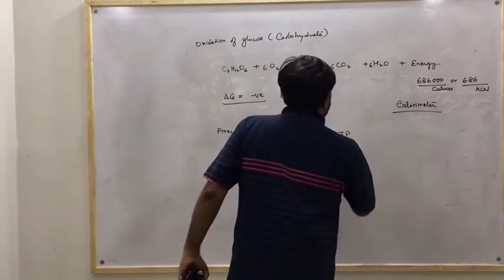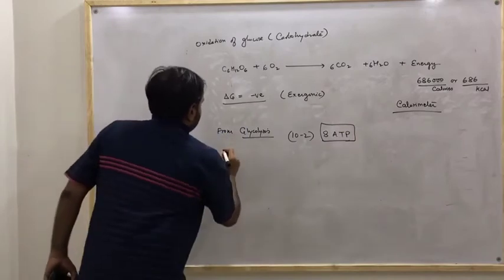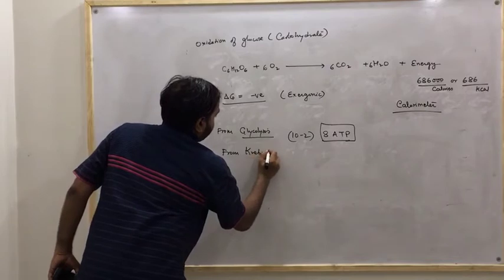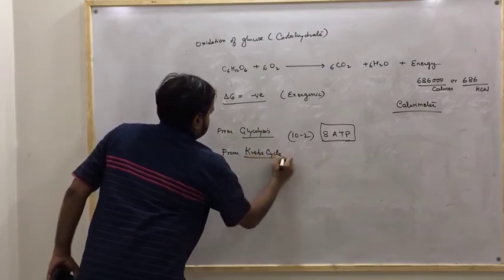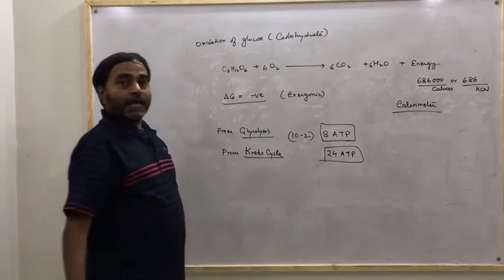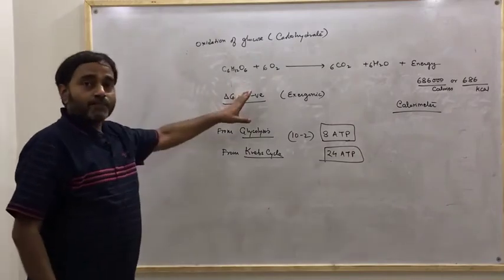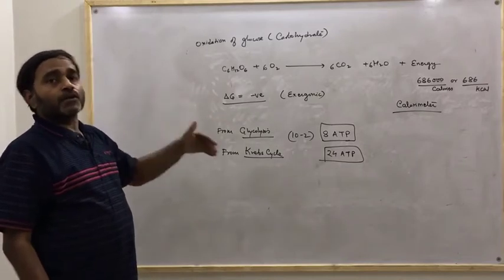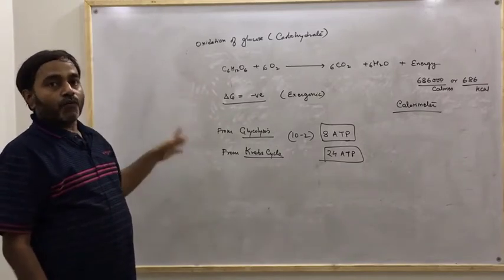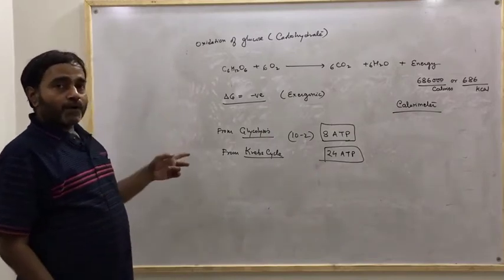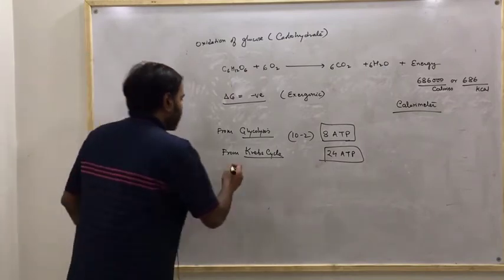From the Krebs cycle, 24 ATP will be formed. Likewise, from the junction, that is the process where pyruvic acid changes to acetyl CoA at the junction, NADH will also be formed, I told you. So 3 ATP will be formed each time, so it will be 6 ATP.